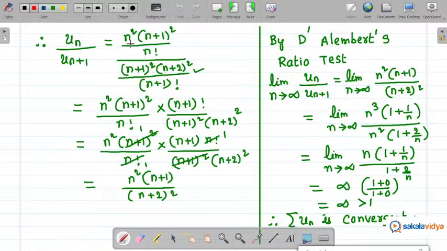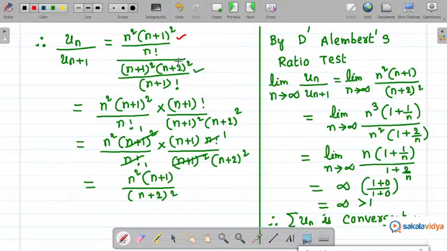Now next we need to simplify un by un plus 1. Un is n square into n plus 1 whole square by n factorial, divided by un plus 1, which is n plus 1 whole square into n plus 2 whole square by n plus 1 factorial. Am I right? Now numerator into the reciprocal of the denominator.